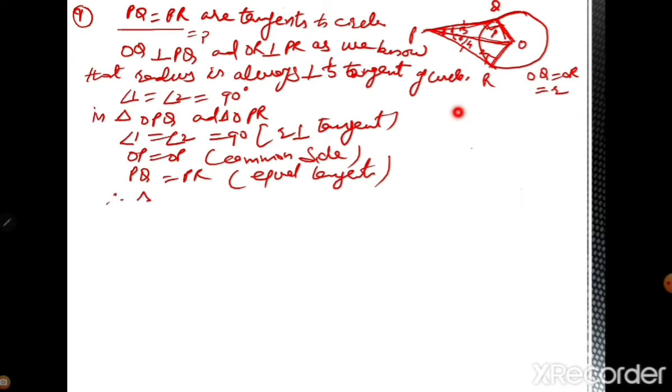Therefore, triangle OPQ is congruent to triangle OPR by RHS. Now if two triangles are congruent, then by CPCT their remaining parts will be equal. So angle 3 equals angle 4, which equals 30 degrees, because the full angle QPR is 60. So if we join PO, these two angles of the triangle are equal.